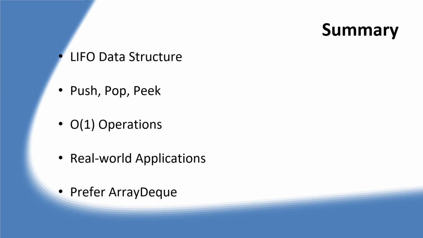Let's quickly summarize what we have learned so far. Stack follows the LIFO principle, that is last in, first out. Whichever element is added last will get removed first. And we have seen different operations.